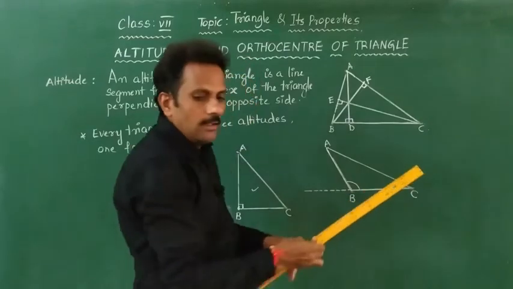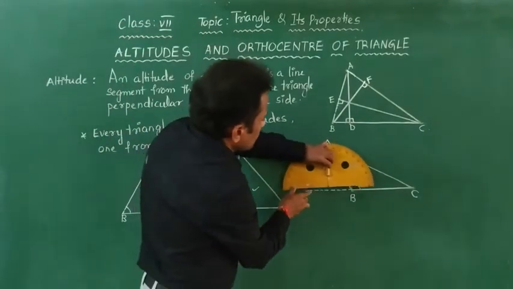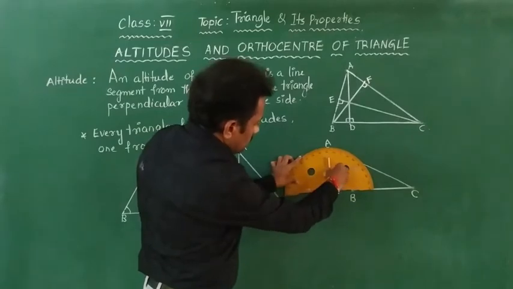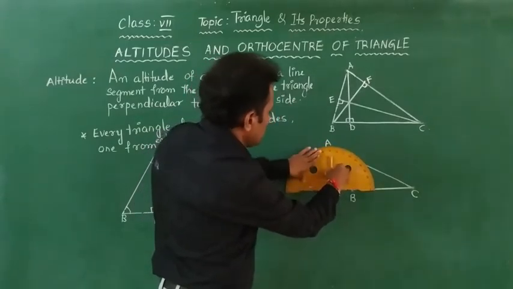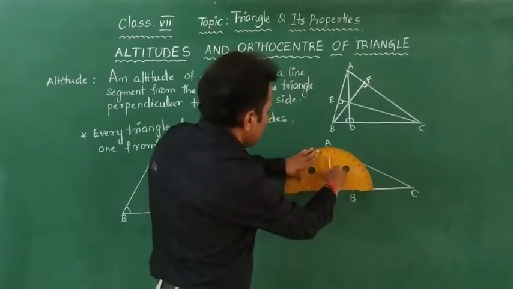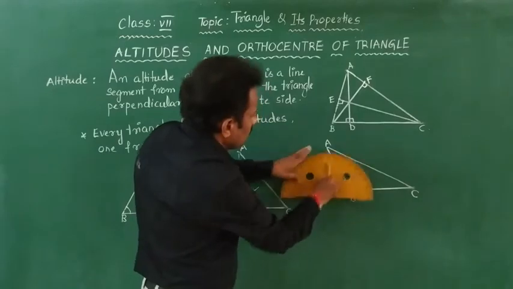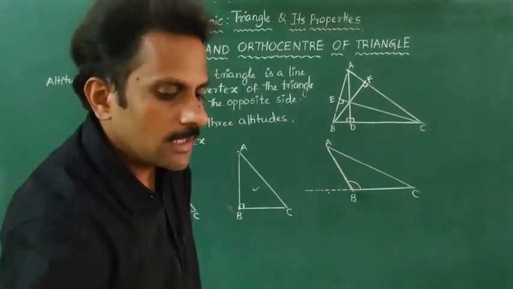Then we can draw the altitude from vertex A. Now you can observe 90 degrees, and here it is coinciding. That means we need to draw a line from vertex A to join this point.